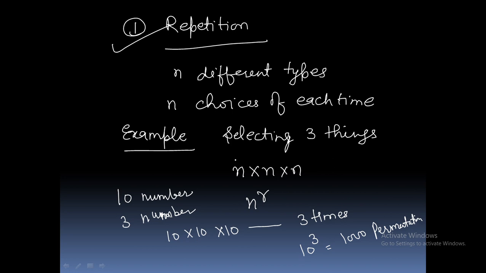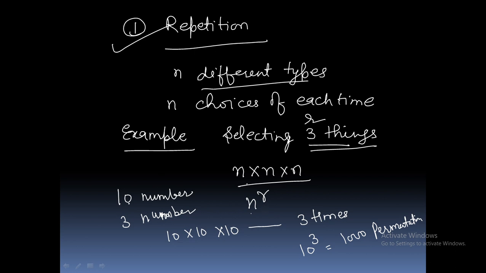For example, if we select 3 things and have n different types, we multiply n 3 times, so n raised to power r, where n is the total number of different types of objects.